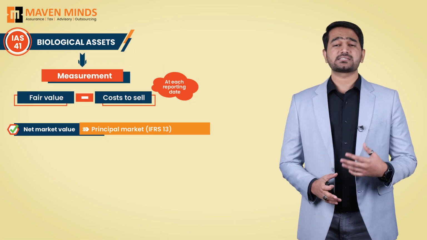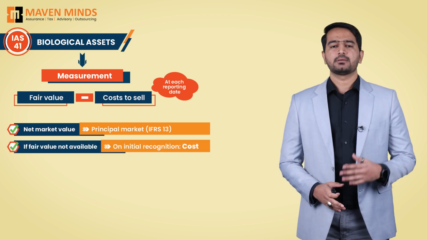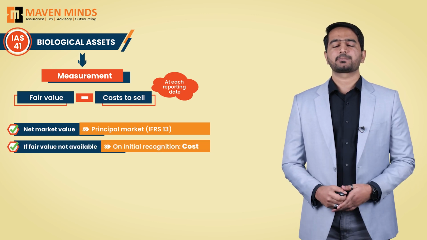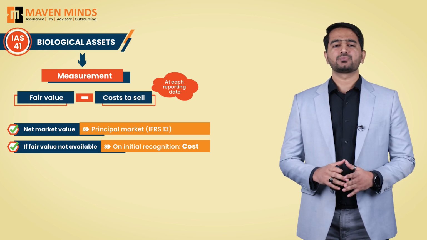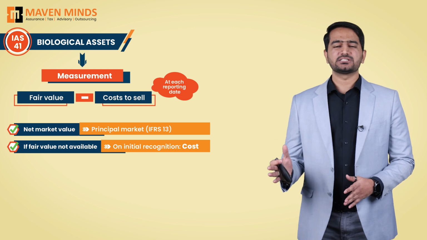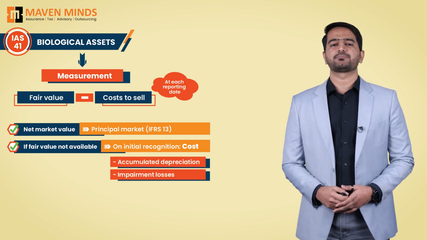But what if for some reason the fair value is not available because the market prices or market values are not available? In this scenario, IAS 41 allows you to measure the biological asset at cost, adjusted for depreciation and impairment losses, if any.